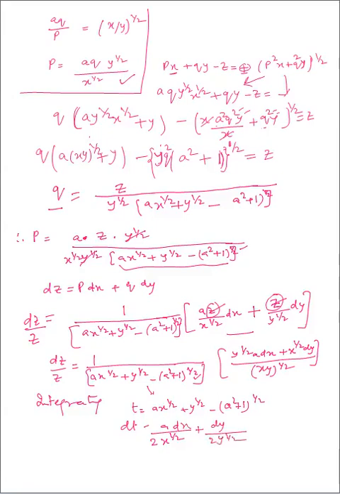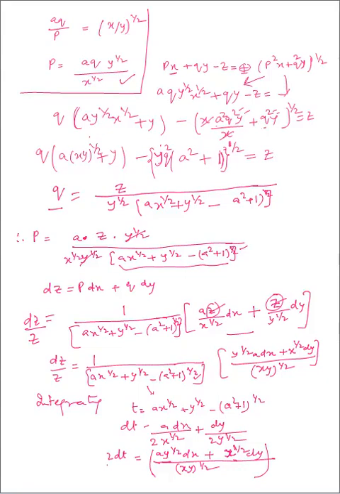Now we take the LCM, so 2 dt is equal to, with xy to the power half into a, and in the numerator a y to the power half dx plus x to the power half dy. This term can be written as 2 dt.